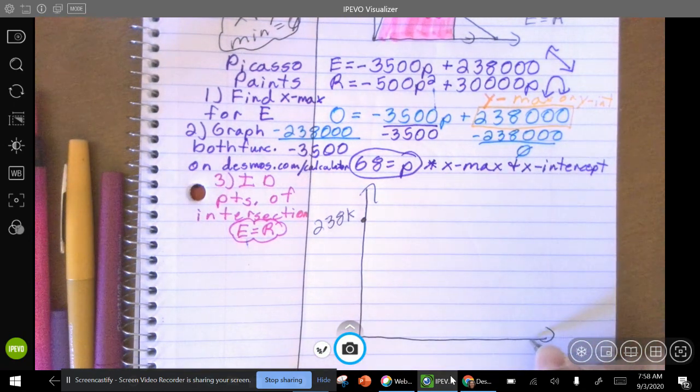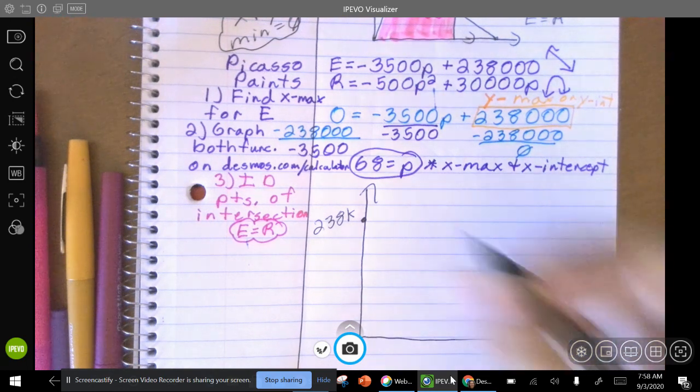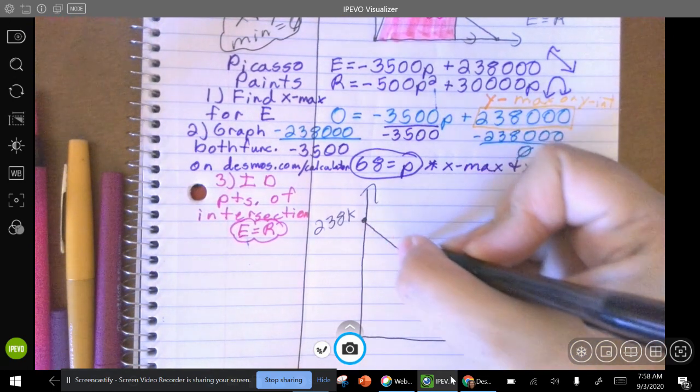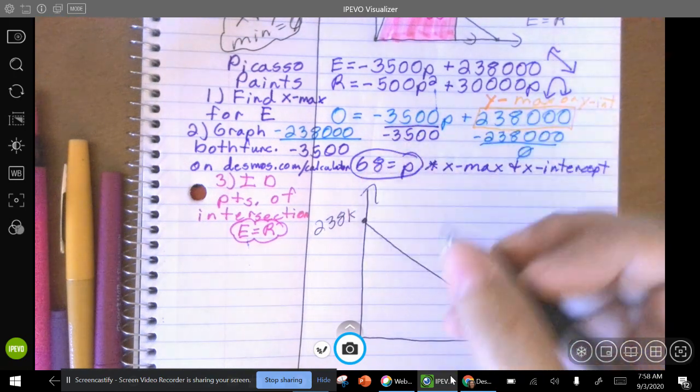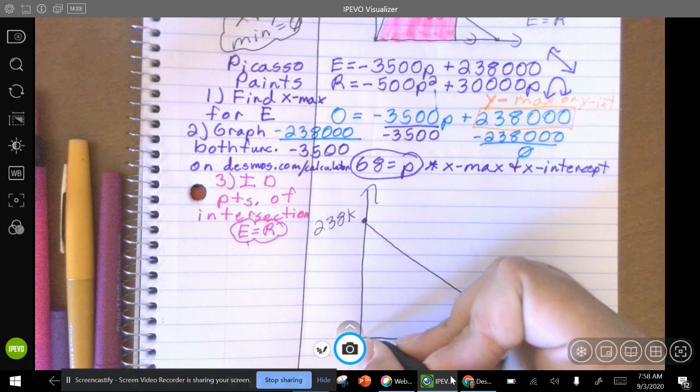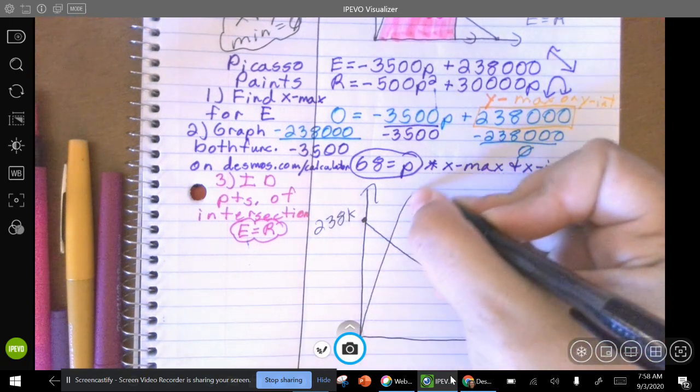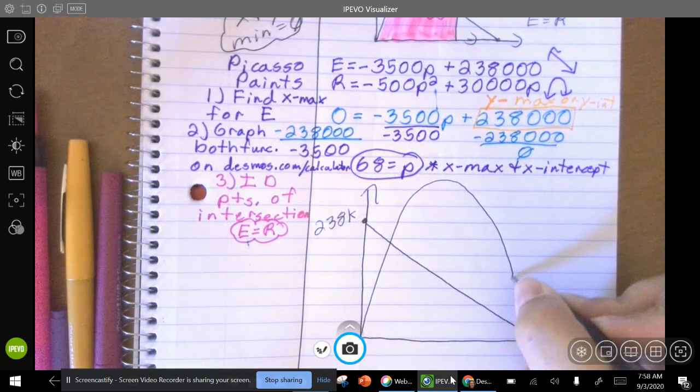And all the way down here at 68, so we can draw that one. Then our other one's just going to go up and over, and everybody, all this isn't to scale.